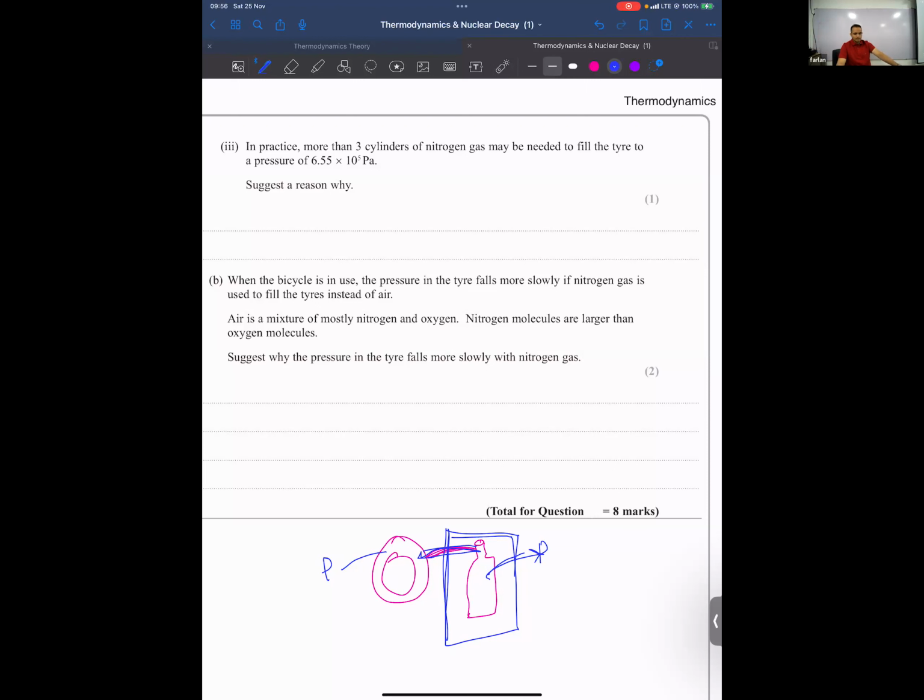One is you can say the air particles can escape into the air, and more than that, what I think is the reason is you can't completely take all the molecules out of the cylinder. There will be molecules remaining in the cylinder as the pressure reduces.